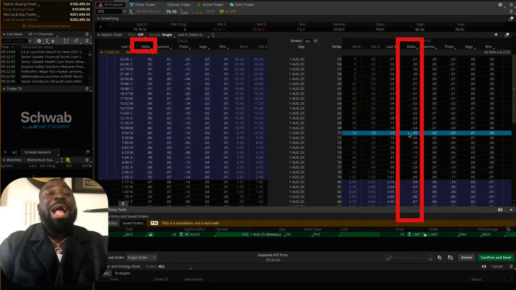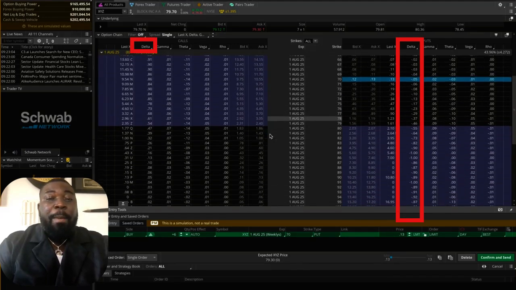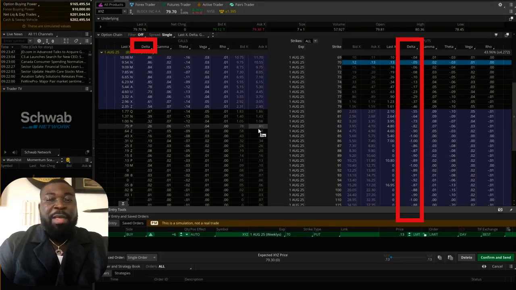So when you're picking contracts to buy, whether you're buying puts or calls, knowing the delta and how much money you're going to make per dollar move is super important, because not all strike prices are created equal. Sometimes things that are out of the money pay more delta than things that are in the money. Let's look at a perfect example on the call side. If this is $81 and it gains a delta of $26 per dollar it moves up, that might be a 20% increase.